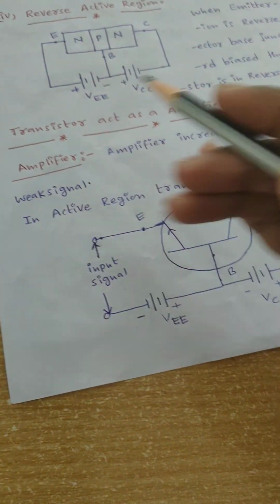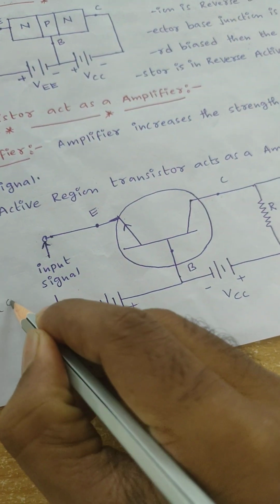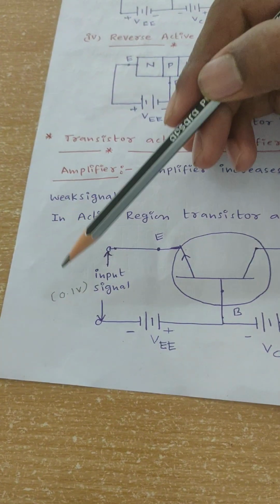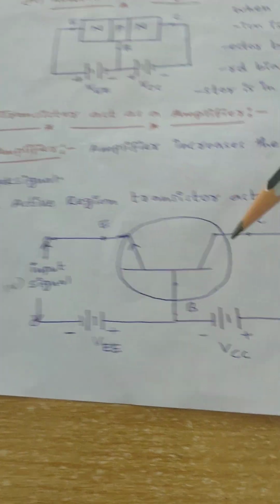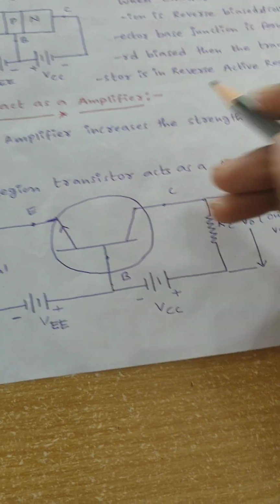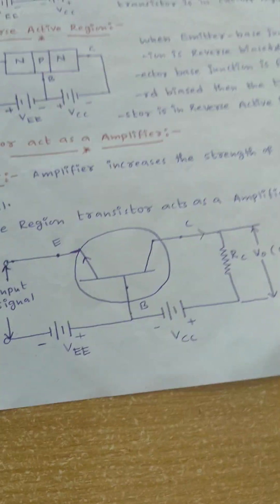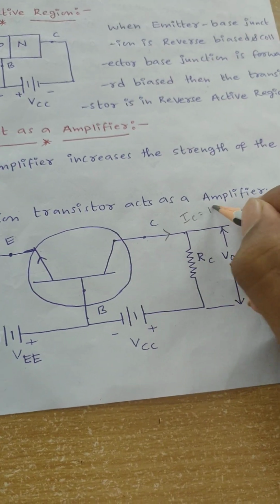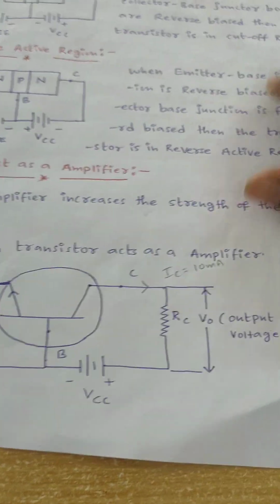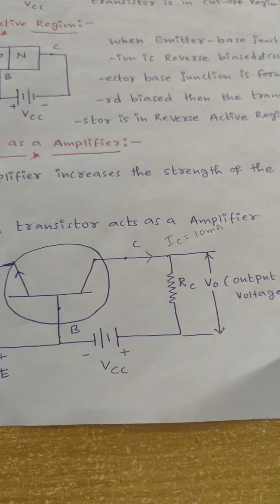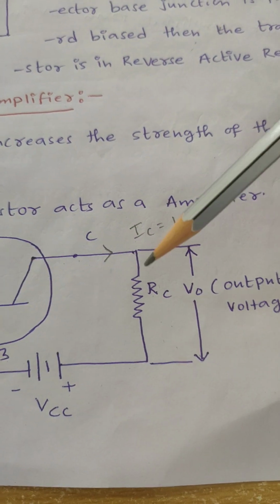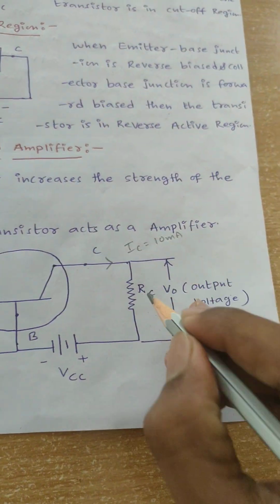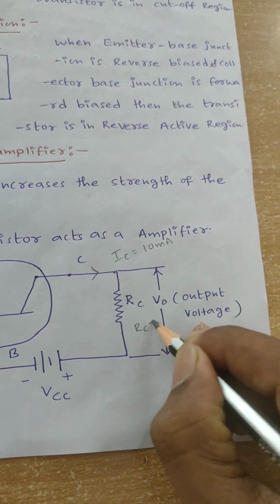Let us assume I am applying a weak signal of 0.1 volts. Because of this, collector current flows through the transistor. Assume the collector current is 10 milliamperes, and the load resistance RL is large, say 1 kilo ohm.